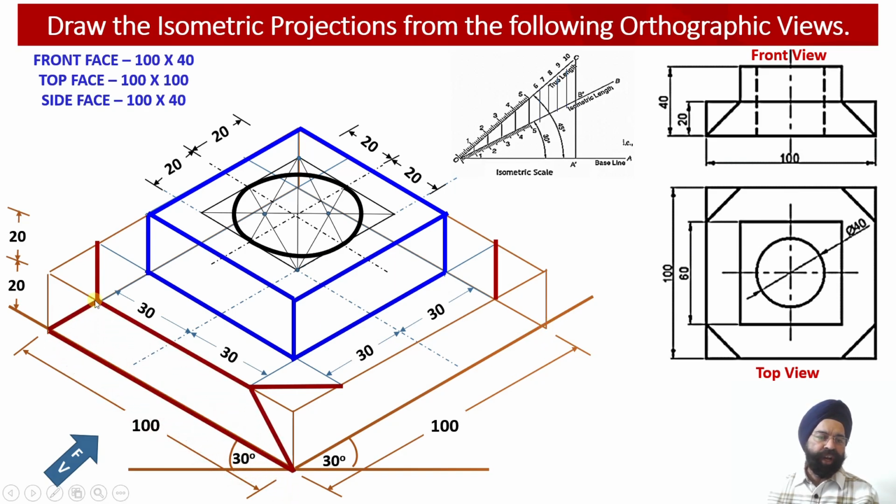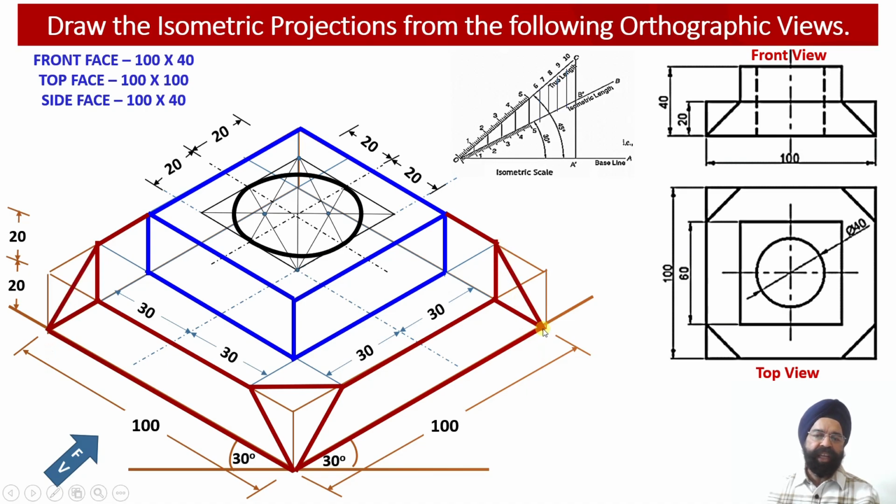So now let us join face number 1 corresponding to the front face, face number 2 corresponding to the right hand side view face, and one more thing, this portion of the solid will be visible. I can join this portion, I can join this portion, and now corresponding to the inclined base, this portion and this portion of the base I also need to join.